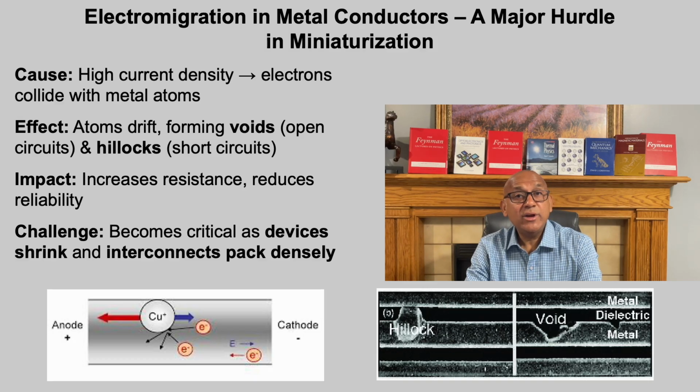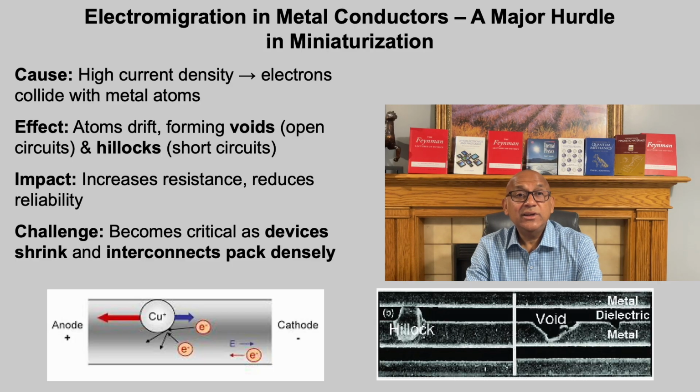Over time, this atomic drift can create voids, which lead to open circuits, or hillocks, which can short neighboring lines. The impact is severe. Electromigration increases resistance and reduces the reliability of interconnects, and this challenge only becomes more critical as devices shrink and interconnects are packed with more density.